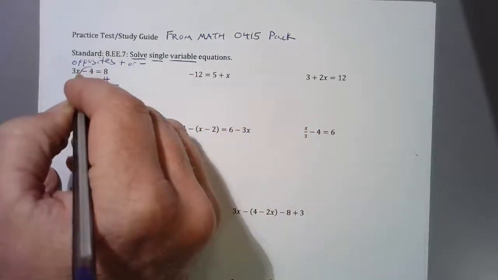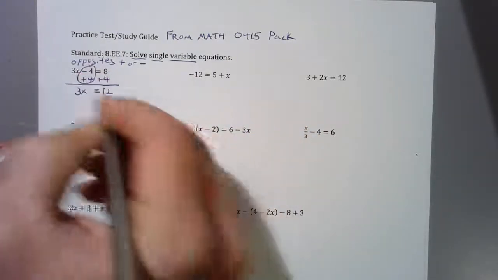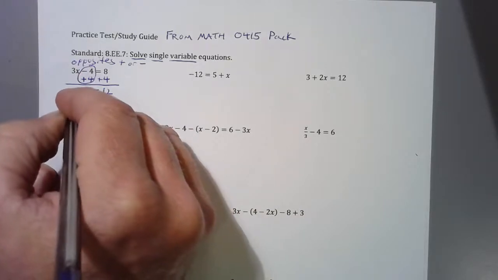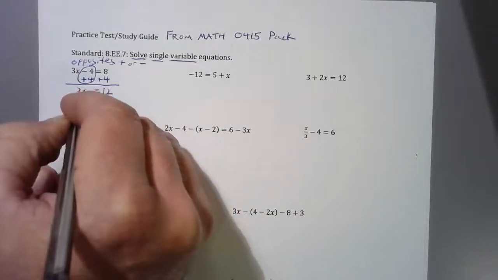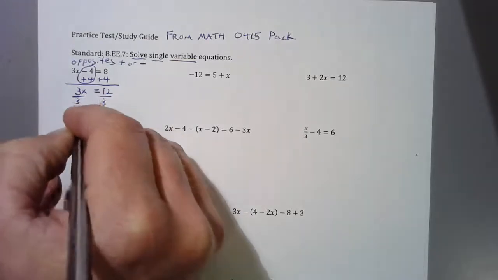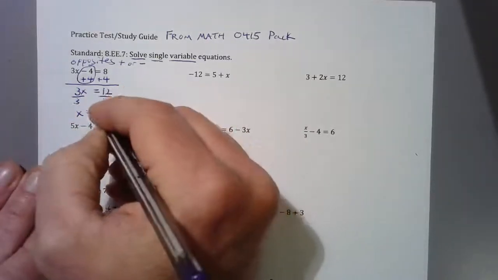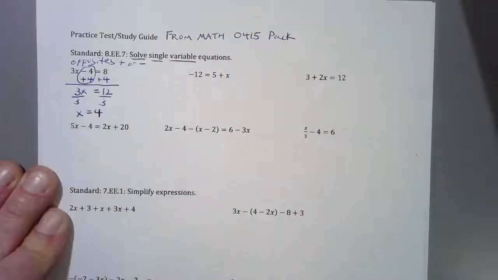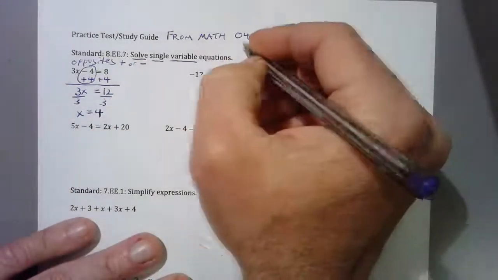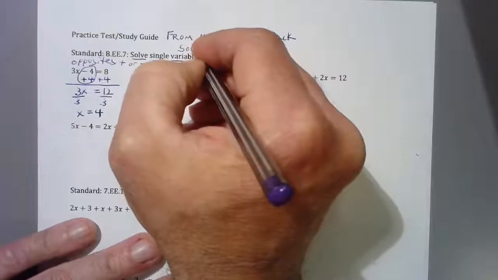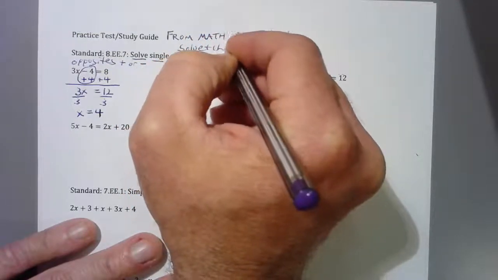After we get the opposite of 4, we end up with 12 on the other side, and now we will divide both sides by 3. It's nice to start with a simple one that maybe you recognize. And we're practicing also checking our answers.